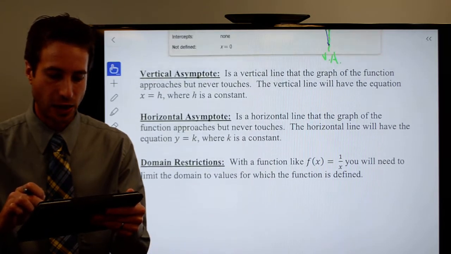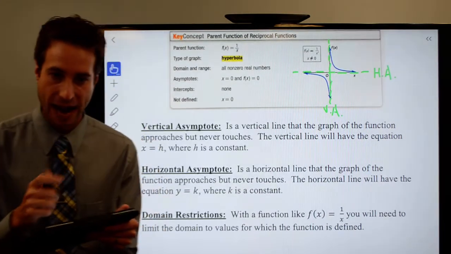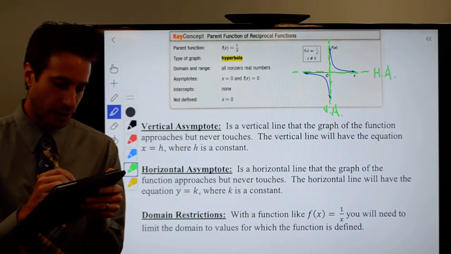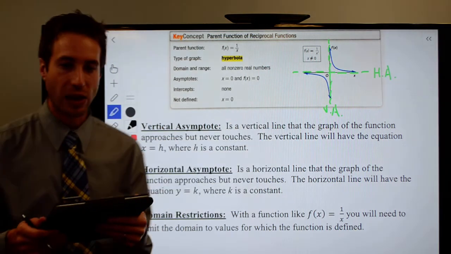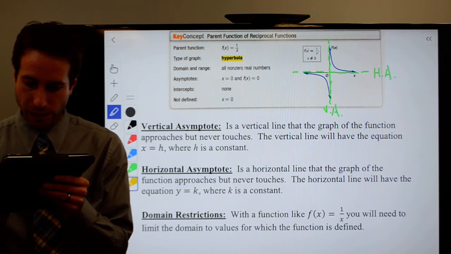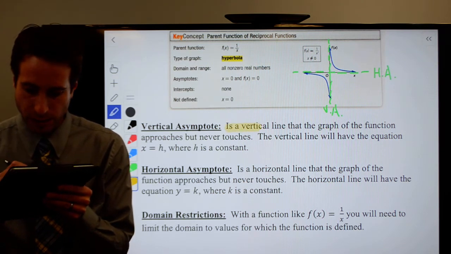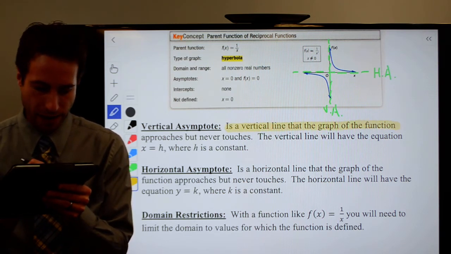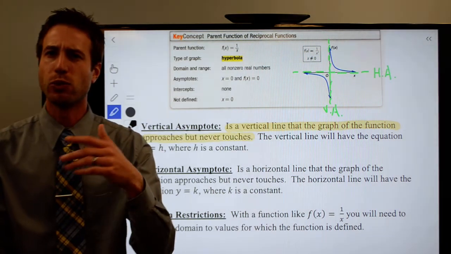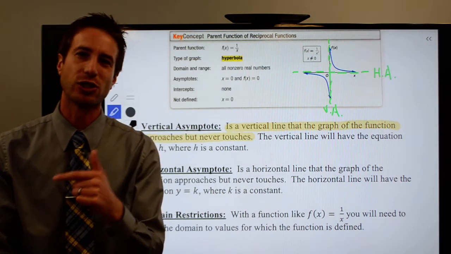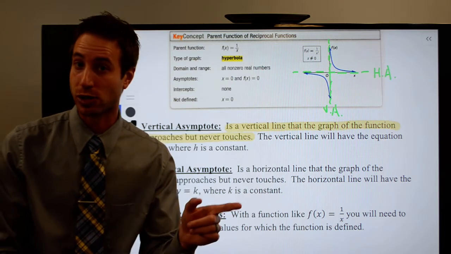Couple more things here about these graphs. We just talked about, and I highlighted for you, the vertical asymptote. A vertical asymptote is a vertical line that the graph of the function will approach but never touch. We actually looked at these when we were graphing exponentials and logarithms.